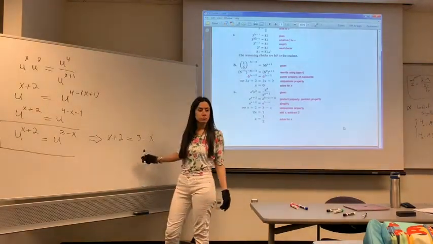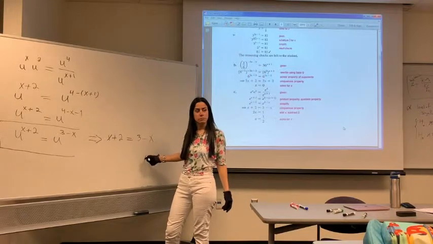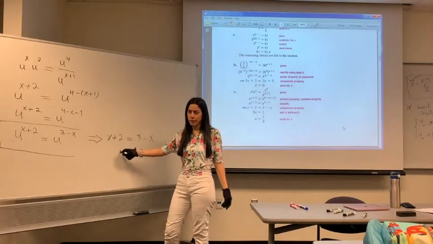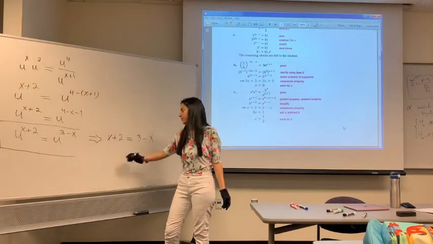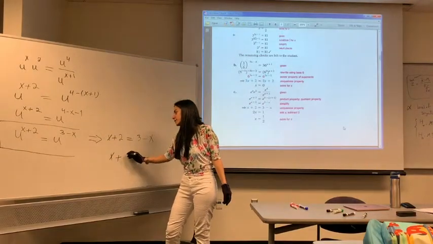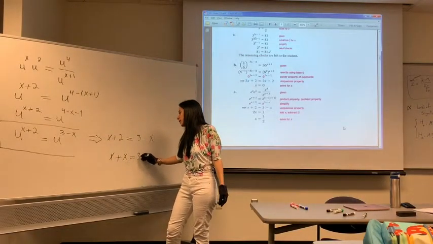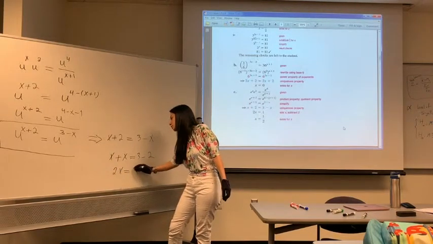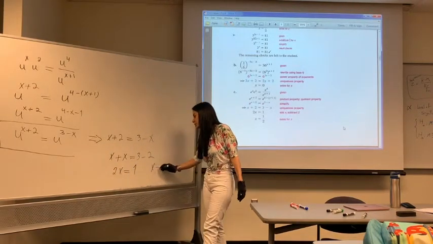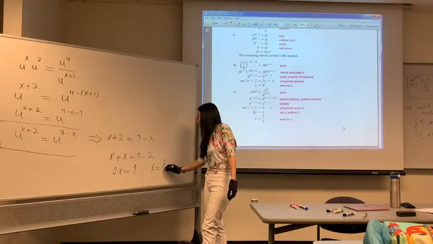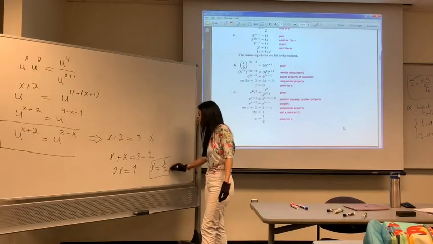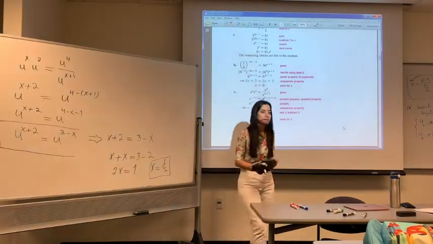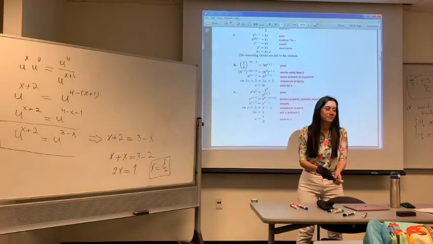So this goes to the other side, right? So we have x plus x equal to 3 minus 2. 2x is equal to 1. x is equal to 1 over 2. Correct?